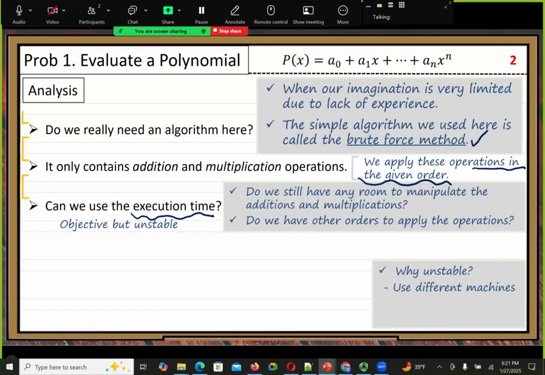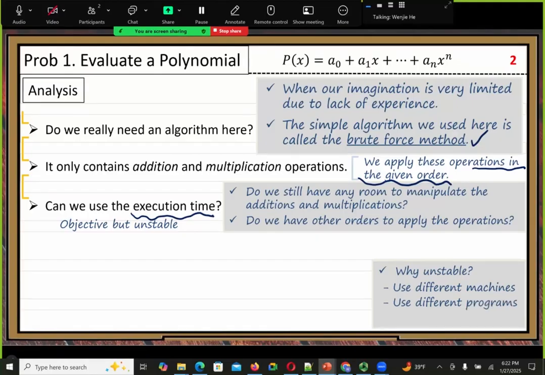Depending on your device, the result could change. If you did the same test on two different devices, it could differ. Nobody can specify what kind of machine to use, right? So from the hardware point of view, it's not stable.